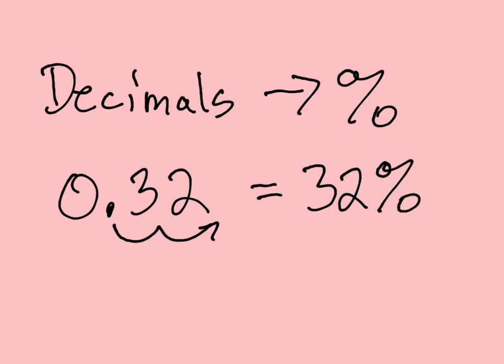You can get slightly more difficult ones. Let's say I had 0.4. Well, that moves 2 places to the right, and I need to append a 0 in there, and so that gives us 40%.